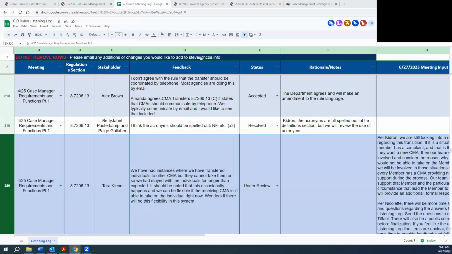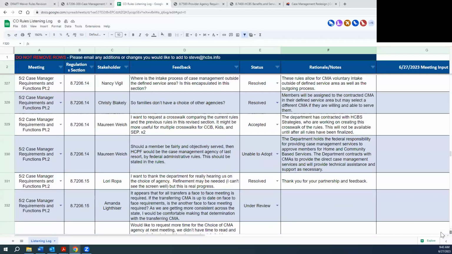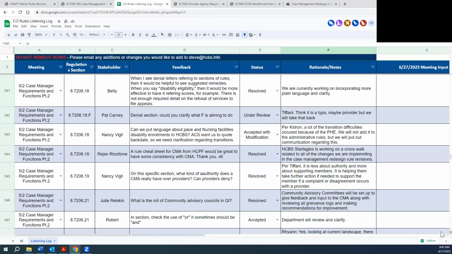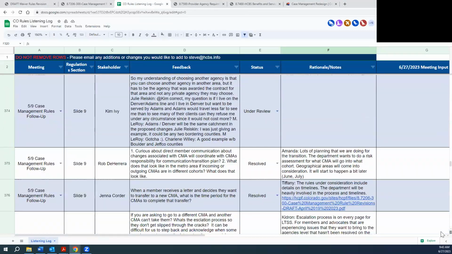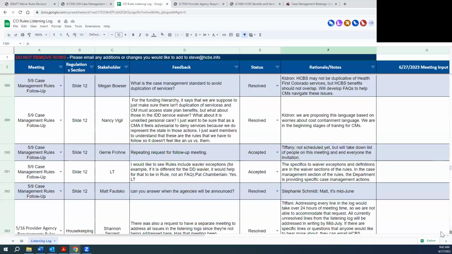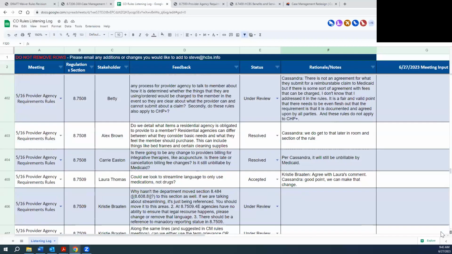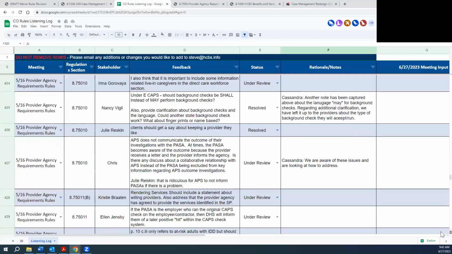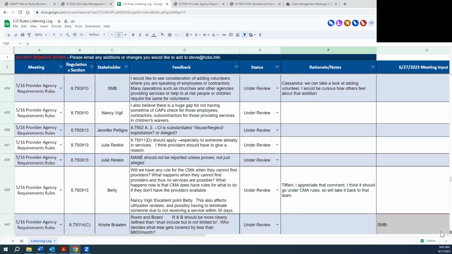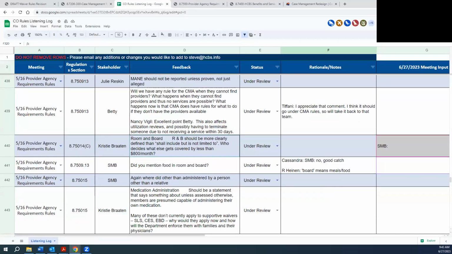Line item 440 and 441. Room and board. And just on 441, Cassandra said, good catch, but then someone else said board means meals and food. 440 is the same thing.